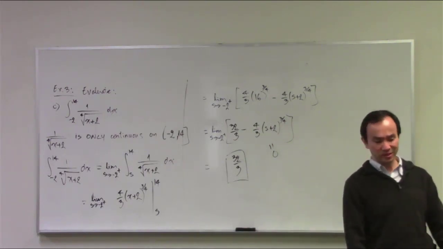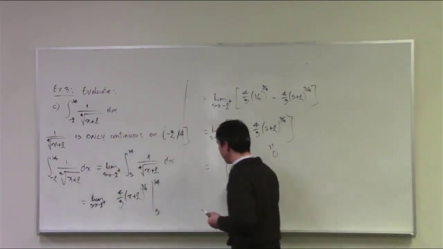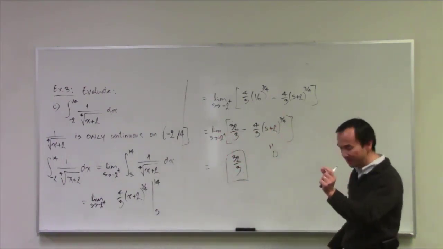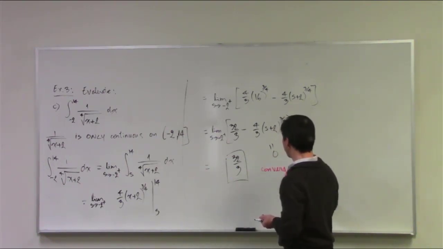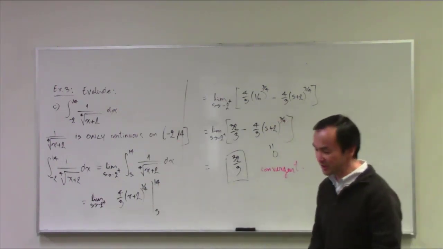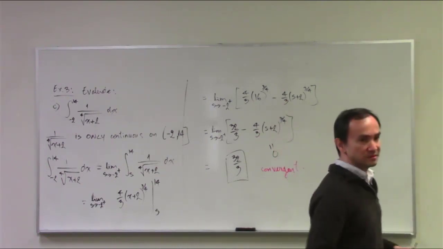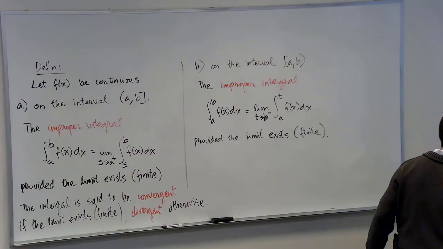So in this case, the integral itself turned into a finite limit. The integral was a limit problem, and the limit turned into a finite number. So now we say that the integral is a convergent integral. That's consistent with the definition stated on the board.